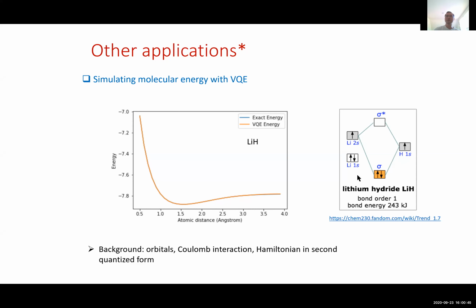For example, I've shown here, lithium hydride is a lithium atom and a hydrogen atom. You know which orbitals are the most important. So for example, you will not take 100 s orbitals to be in a calculation. So you truncate your basis. We'll talk about that in more detail next Monday.